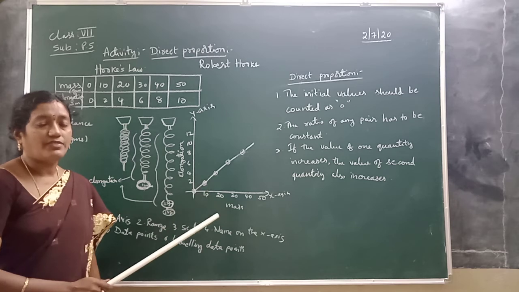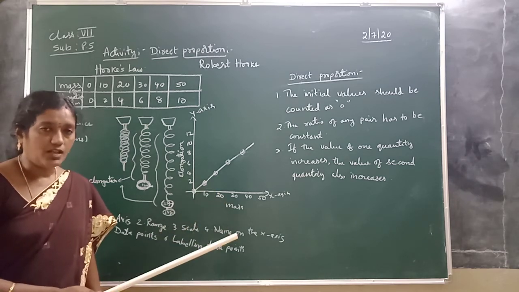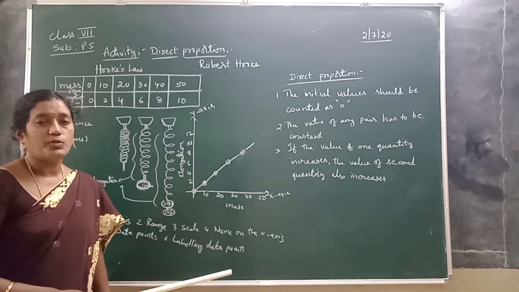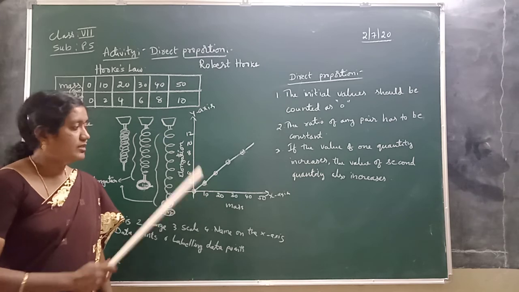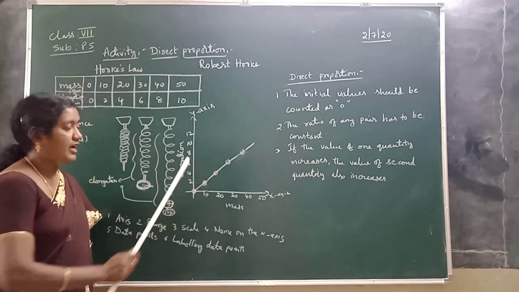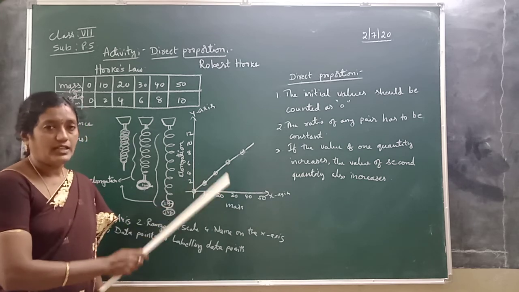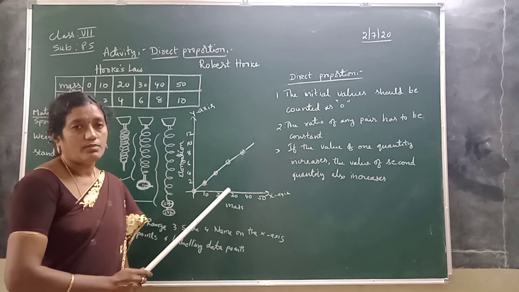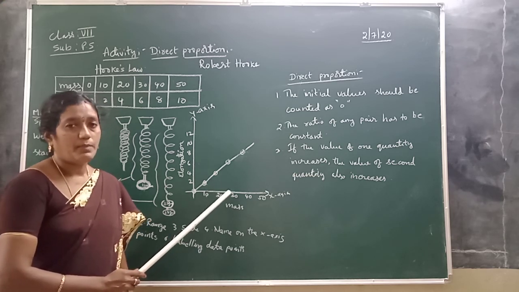If you are given a graph like this, and they ask what you can say about the two quantities, you have to say that they are in direct proportion, because one quantity is increasing and the second quantity is also increasing. So here we have got a straight line, which indicates that the given quantities are in direct proportion.